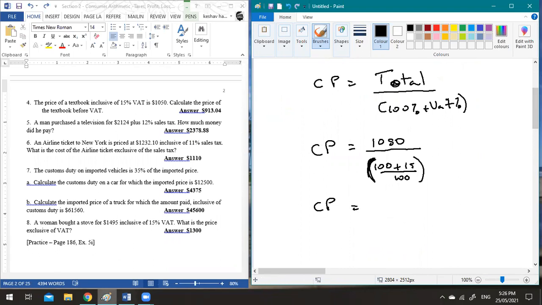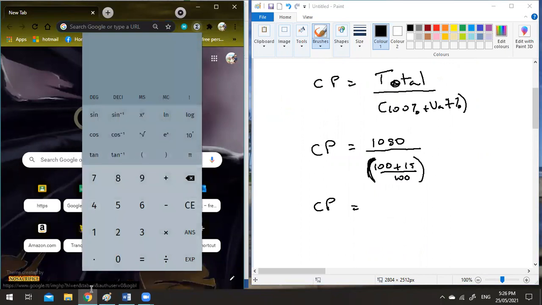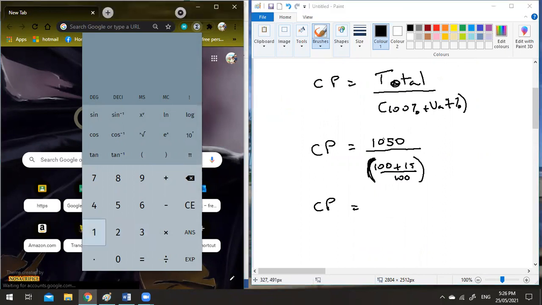So the cost price, I'm going to show you how to work it on the calculator. So again, it'll be 1050. So 1050. Now the line is divide.